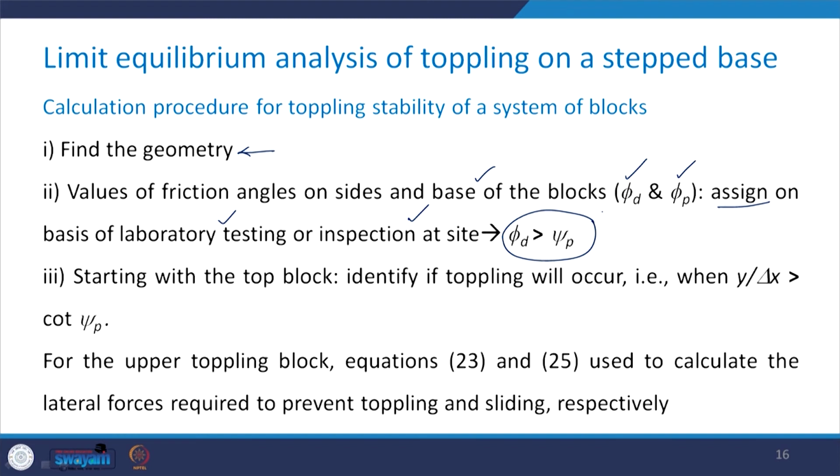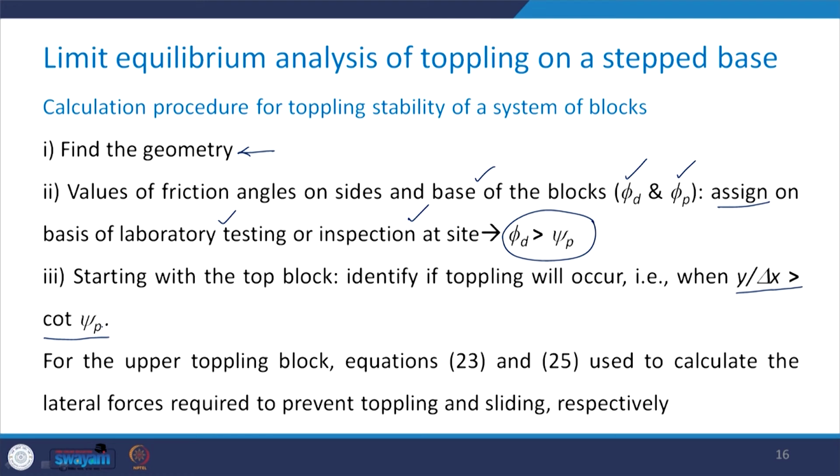Then we will start with the top block and identify if the toppling will occur or not. And when the toppling will occur, this condition, that is y upon delta x, has to be greater than cot of psi p. This we have seen when we were discussing the kinematic analysis of the toppling failure.